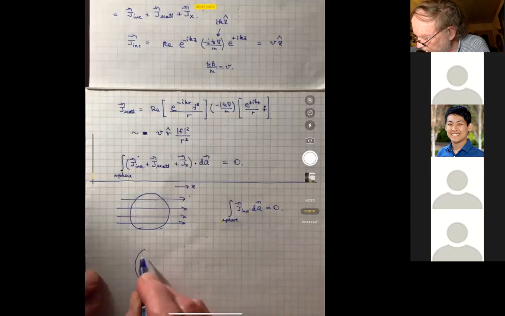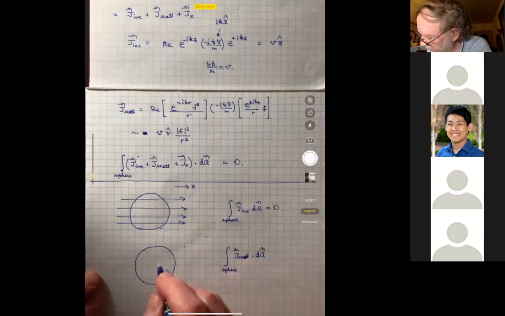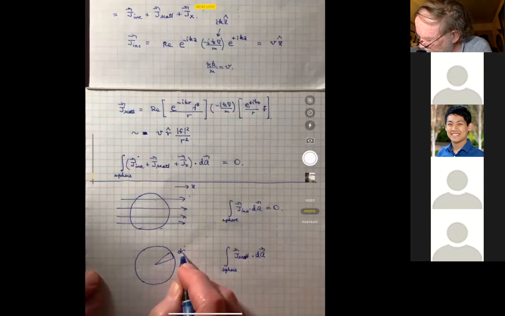What about the scattered flux? Let's take the integral over the sphere of J scattered dot dA. Well, the dA is the element of area of the sphere like this. Here's the dA, it's a vector pointing outwards like so.